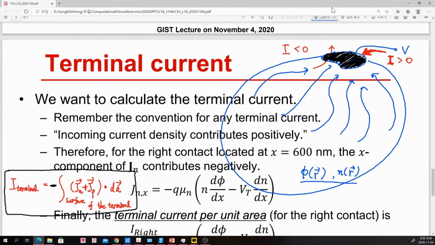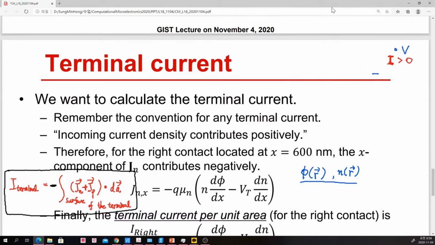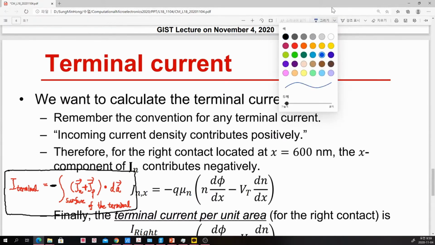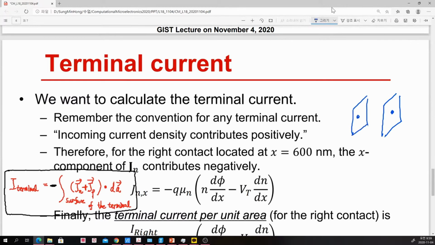So let's apply this definition or this expression to our one-dimensional structure. If we consider a one-dimensional structure and the right terminal, then things become really simplified. Although in general we have to perform surface integration, in this one-dimensional structure there is no surface at all. I mean that this is just one single node, the rightmost node, just to represent the surface itself, and we have the area. So this is just a given number.